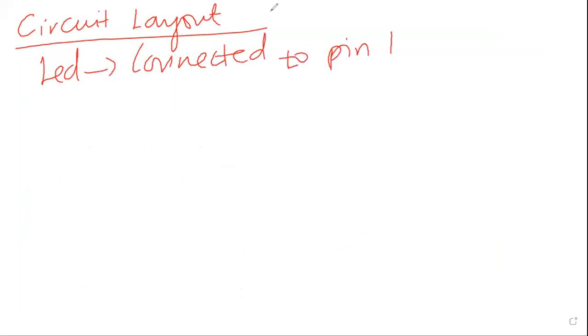So in the case of our circuit layout, components are not many here. Let's have our LED, the indicator device, connected to pin number 11, which supports PWM. Then let's have a potentiometer connected to the analog pin number 0.